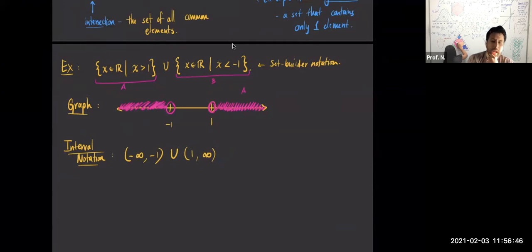And then what would happen if I take these same two examples and take the intersection of them? What is the result of intersecting these two sets?